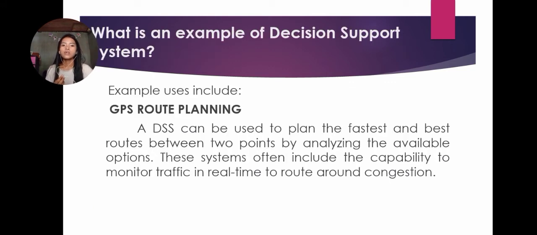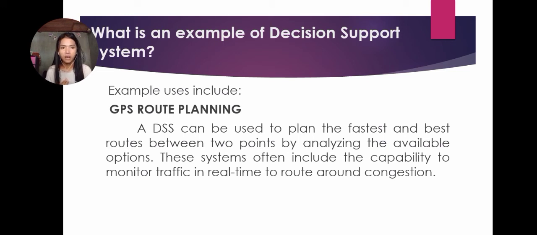Here is one of the examples of a decision support system. It includes GPS route planning. A DSS can be used to plan the fastest and best routes between two points by analyzing the available options, and these systems often include the capability to monitor traffic in real time and route around congestion.